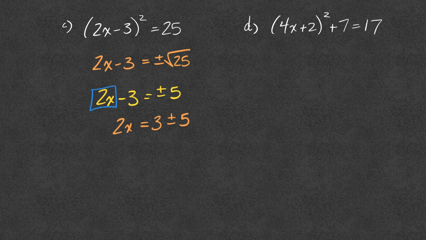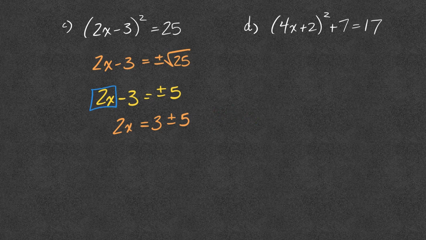Now, you will notice that I chose to write that expression as 3 plus or minus 5, just because it's a little bit easier to interpret than plus or minus 5 plus 3. You'll notice my orange actually has fewer operations written. So that's why I tend to put the positive value first.